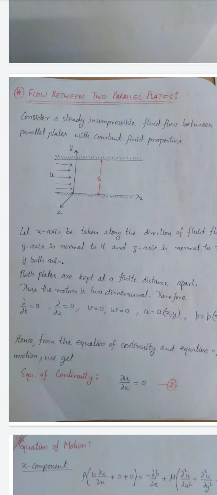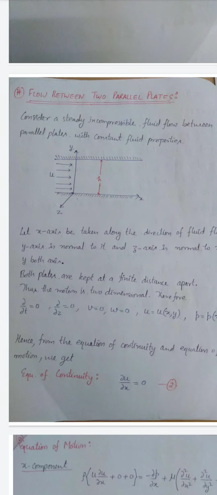You can write this as ρ(∂u/∂t plus u ∂u/∂x plus v ∂u/∂y plus w ∂u/∂z), taking along the x-axis, which is equal to −∂p/∂x plus μ(∂²/∂x² plus ∂²/∂y² plus ∂²/∂z²) into u.